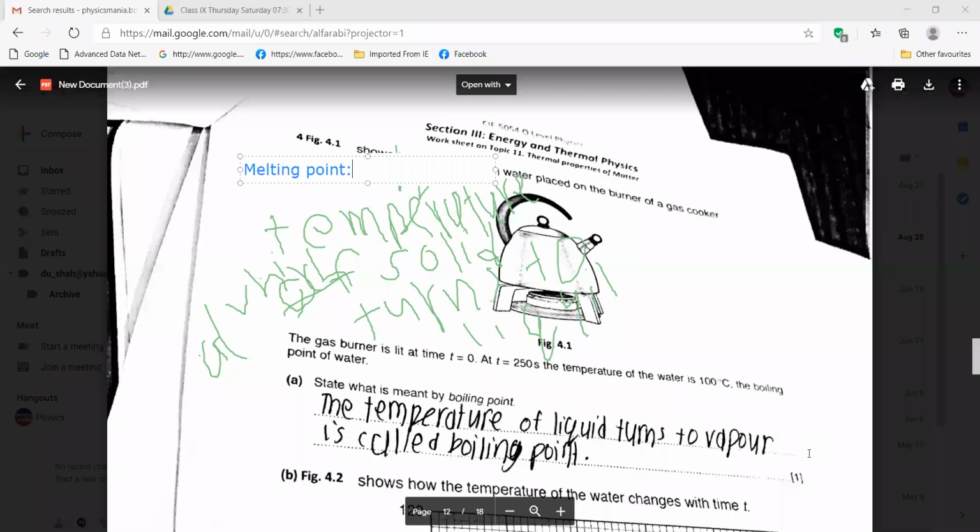So the temperature at which solid turns to liquid on heating is called melting point. Did you write on heating? Yes, sir. Okay, also correct it here. For boiling point also write here on heating.